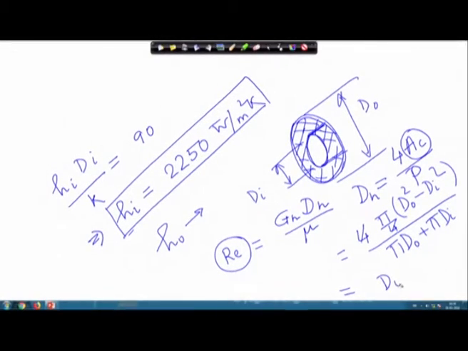So, we have finally d_0 minus d_i as the hydraulic diameter corresponding to this annular space.